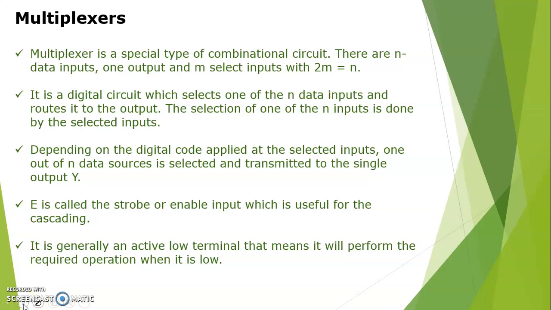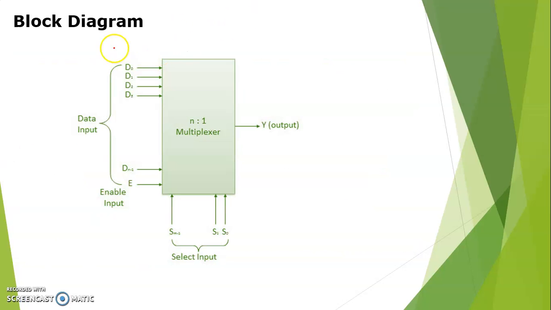You can see this. This is the block diagram of the multiplexer. You have inputs D0 to Dn minus 1. This is the enable input, this is the select input, and this is the one output. N to 1 multiplexer.